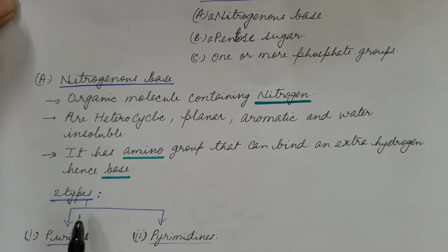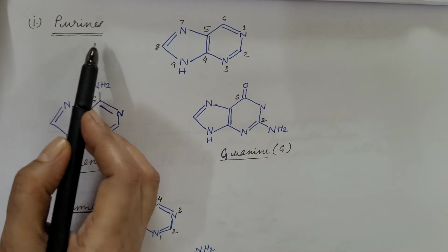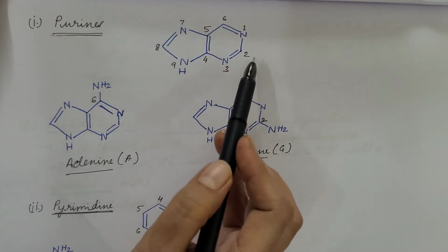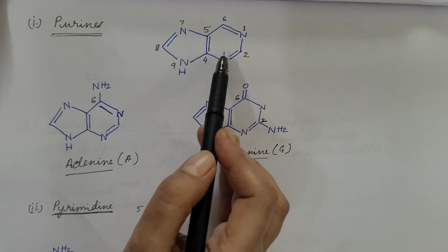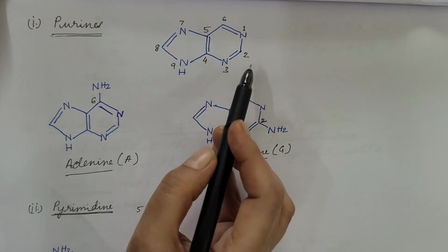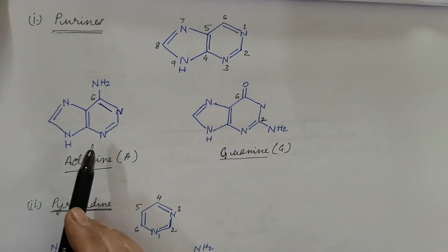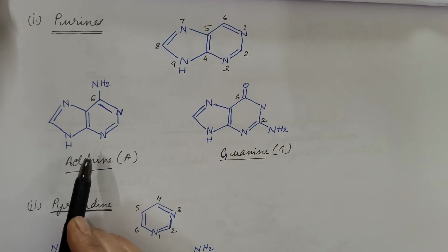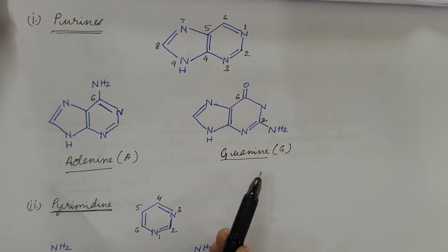There are two types of nitrogenous base, purines and pyrimidines. First is purines. This is the basic structure of purine. It has two rings which consist of carbon and nitrogen atoms. There are two types of purines, adenine and guanine.